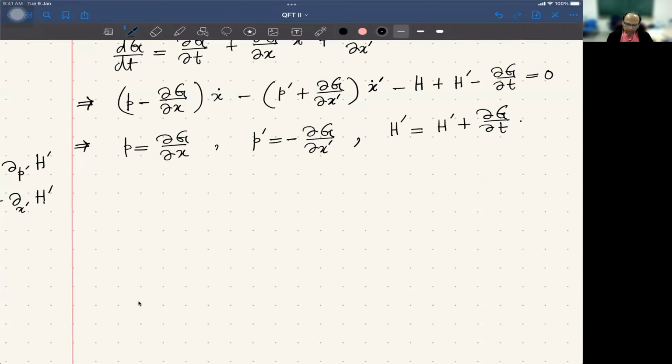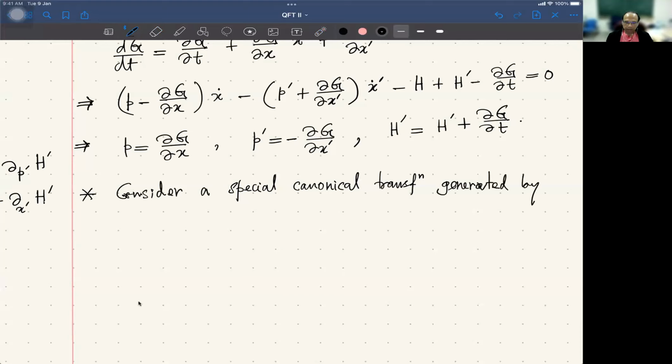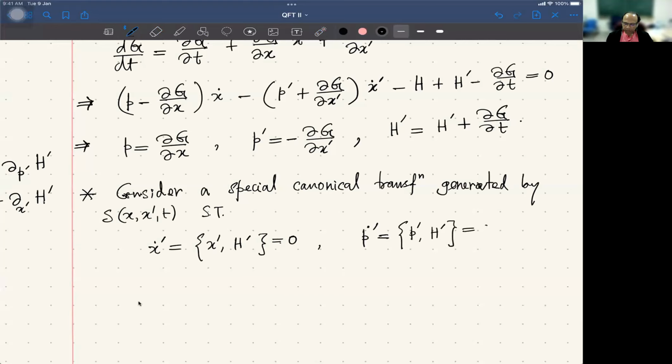So what we are doing now is considering a spatial canonical transformation generated by, say, S of x, x prime, t, such that x dot prime, which is the Poisson bracket of x prime with h prime, is equal to 0, and p dot prime, which is the Poisson bracket of p prime with h prime, is equal to 0.